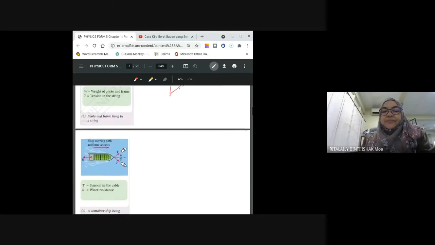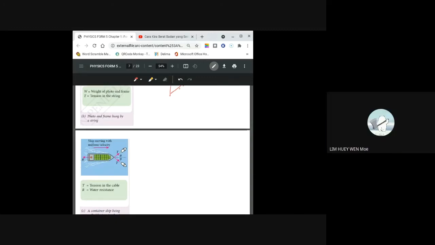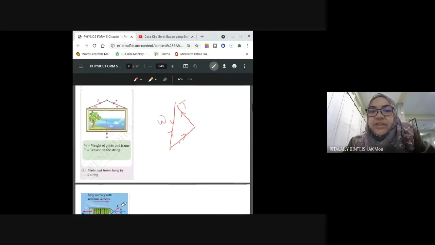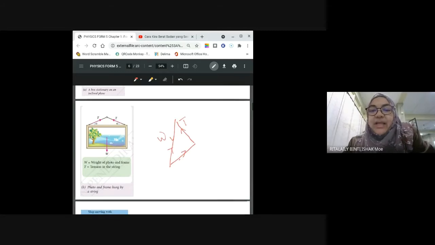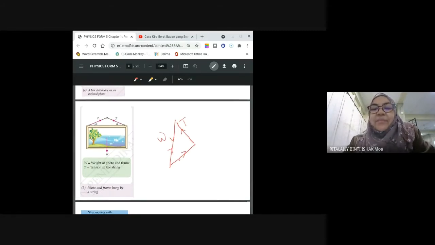Okay, so the last one, ship with uniform velocity. Yes, wait, any question? Yeah. Where do we put the angle? For this one, we need to follow the angle. Okay, tapi yang ni sebab saya lukis freehand, I sketch saja, so I did not measure the angle lah.